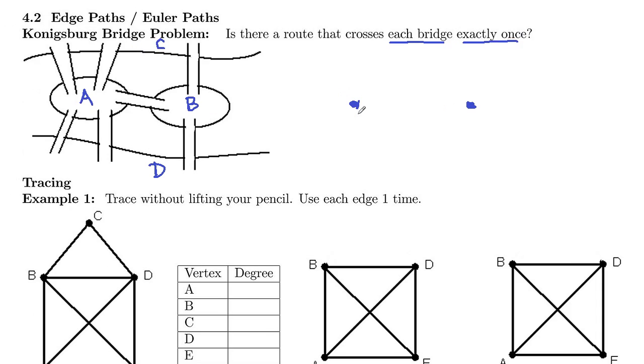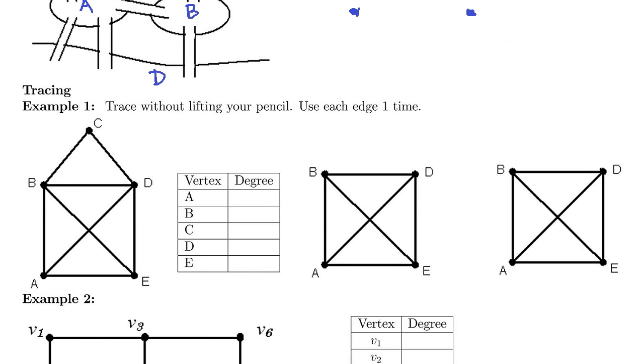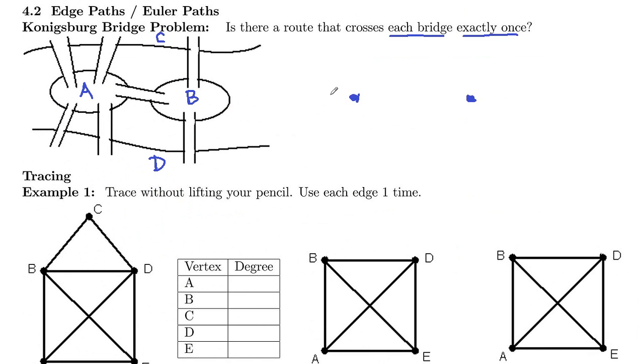So we've got A here and B here, and then our North Shore C up there, South Shore D down here. And bridges are going to be edges. So there's one bridge between the 2 islands right there.